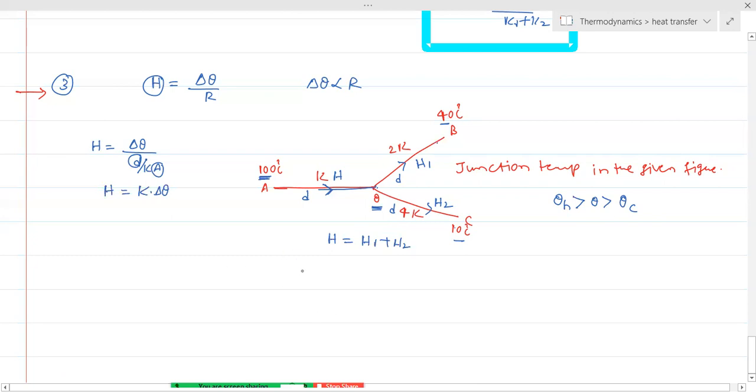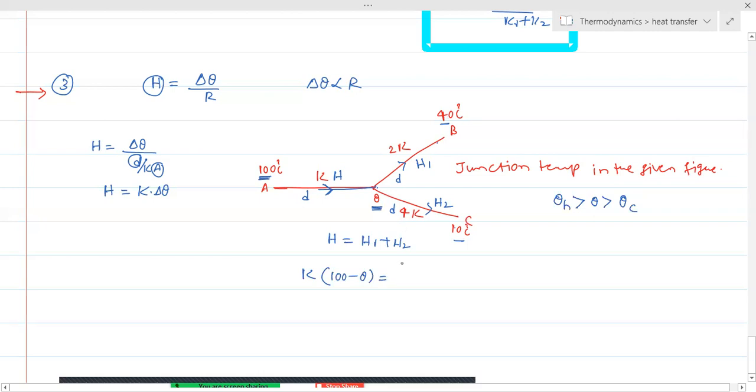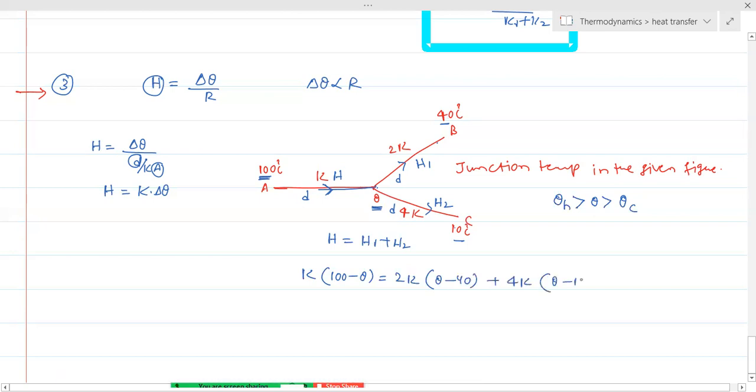H means K into delta theta, so for the first rod we write 100 minus theta. This is equivalent to 2K into theta minus 40 plus 4K into theta minus 10. We cancel K. So we get 100 minus theta equals 2 theta minus 80 plus 4 theta minus 40.